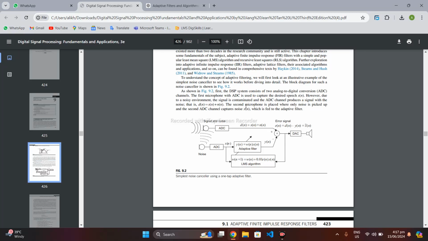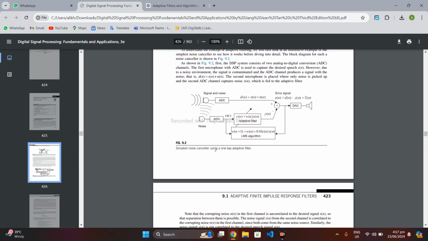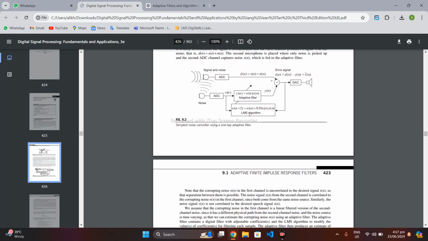That is, d(n) is equal to s(n) plus n(n). And the second microphone is placed where only noise is picked up, and the second ADC channel captures noise x(n), which is fed to the adaptive filter, and the LMS algorithm is used.